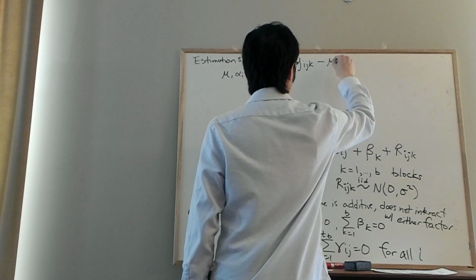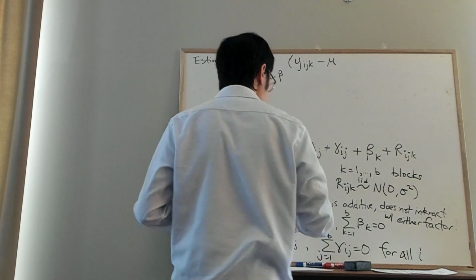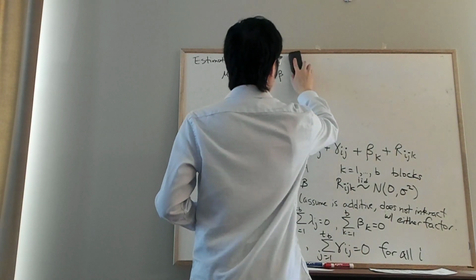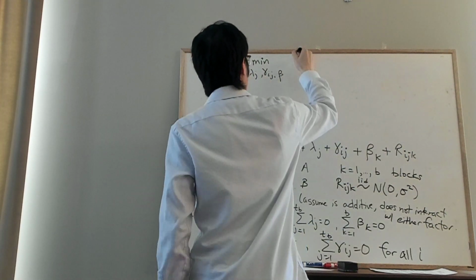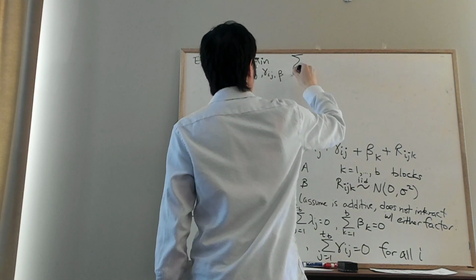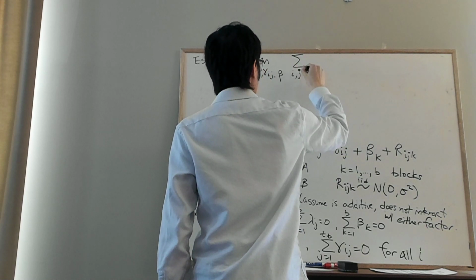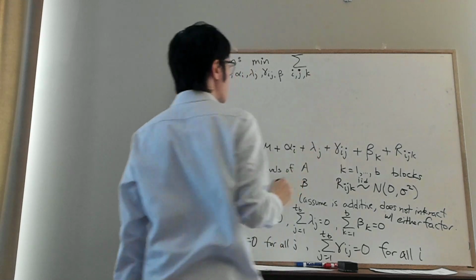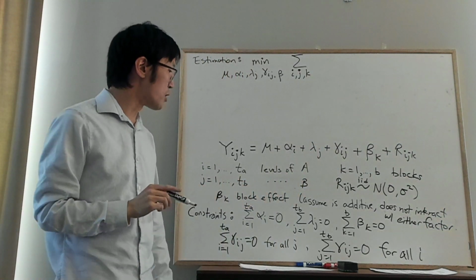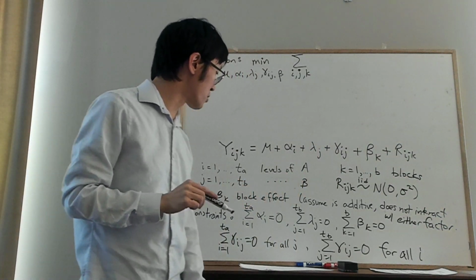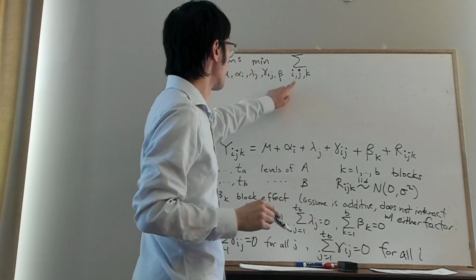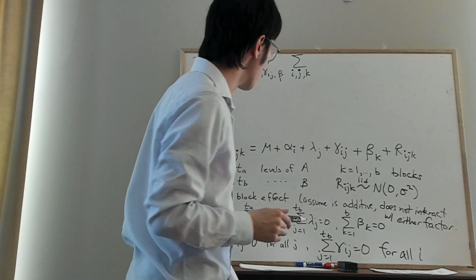So let's just write all of these parameters over here. Oh, I forgot to write the summation, so let's try that again. Summation over all levels of A, B, and blocks. Just for compactness, it's really a triple summation, but I'll just write it so it's clear what the indices are summing over.